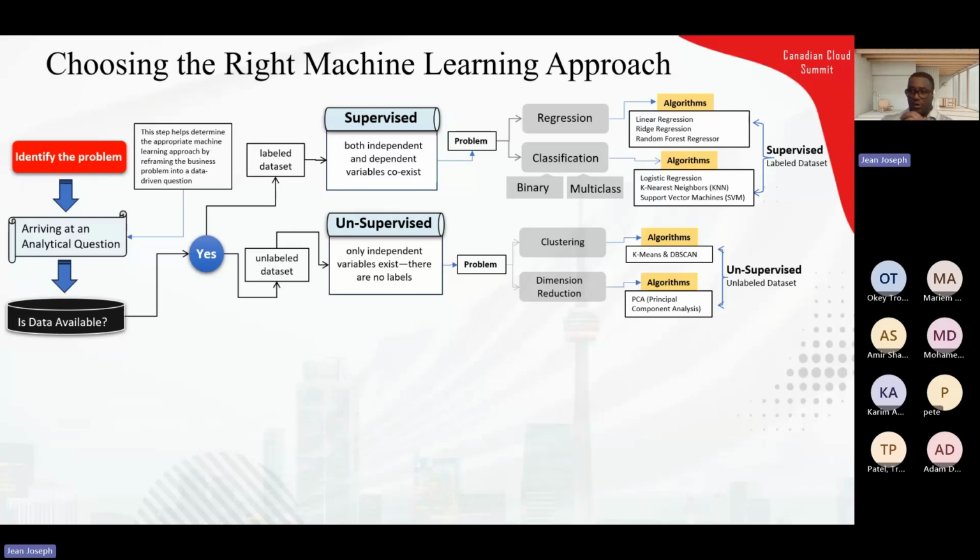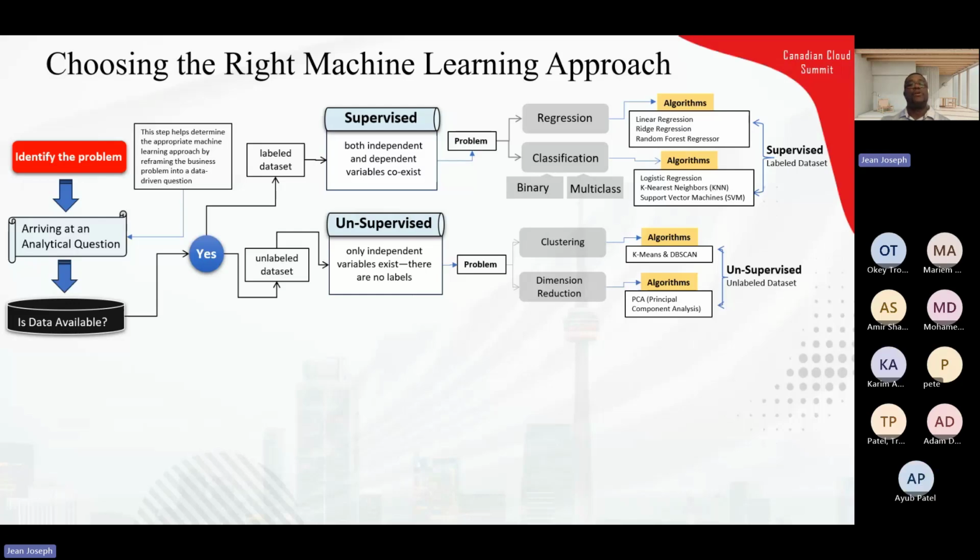We have what we call clustering and dimensionality reduction, right? Clustering is about discovering natural groupings of data points without any label. For example, grouping customers by purchasing behavior or segmenting users based on app usage, right? Algorithms like k-means and DBSCAN are commonly used.